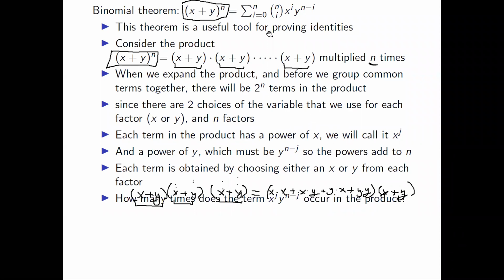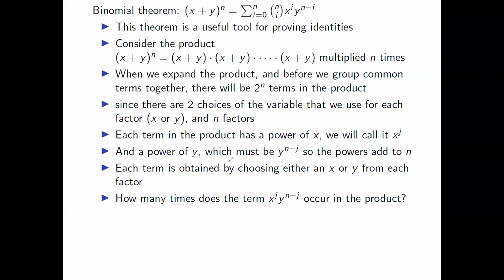So here's a question. Let me clear that so it's visible. The question is, how many times does the term x to the j, y to the n minus j occur in the product? So when we look at the x plus y squared, we got x squared plus 2xy plus y squared when we simplified it.